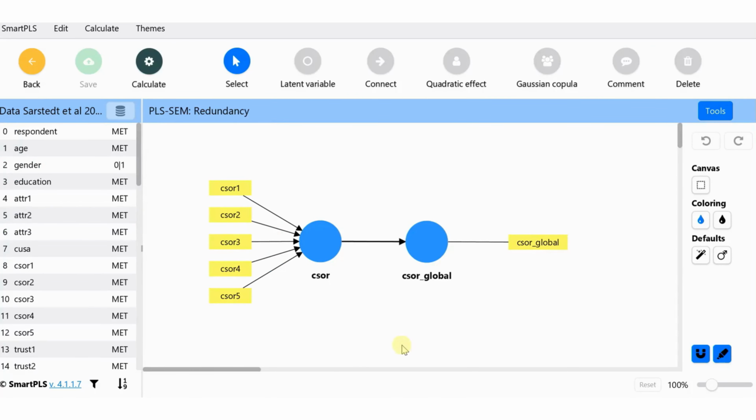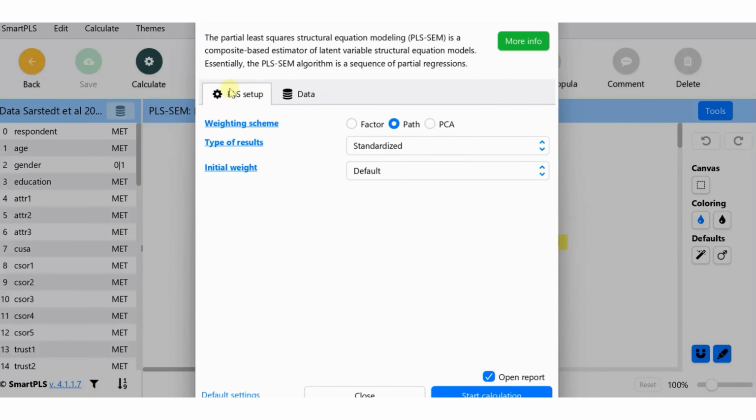Here in convergent validity, we are going to run the redundancy analysis. Here we have taken an example of the corporate social responsibility construct with all its indicators, which is connected to the global item of corporate social responsibility. Now, in order to check the redundancy analysis, we go for calculating the PLS algorithm.